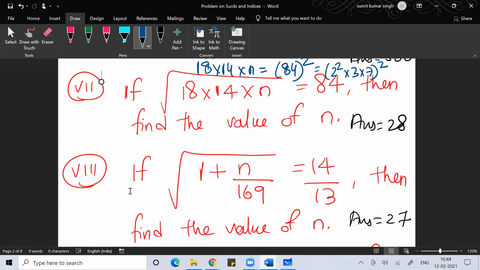When you do squaring both sides, it becomes 196 by 169. So 1 plus n by 169 is equal to 196 by 169. Bring minus 1 this side. Then n is basically 196 minus 169. That is your answer.